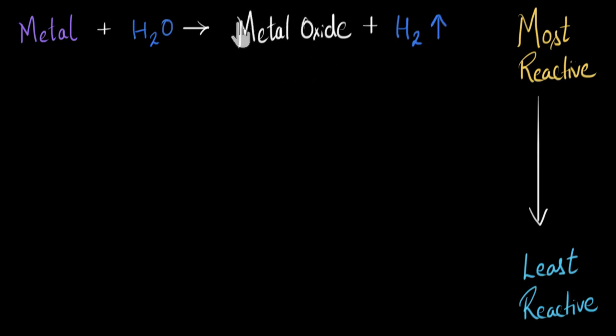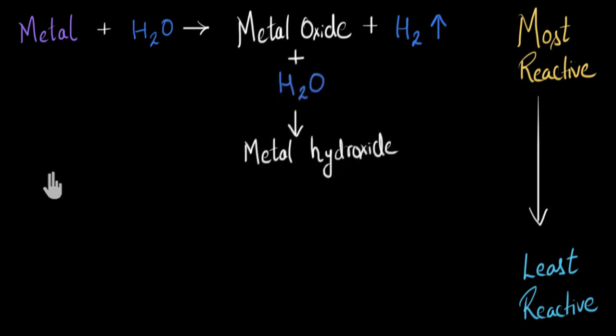This means that if the metal oxide is soluble, it will react with water to form metal hydroxide. So either our products are metal hydroxide plus hydrogen gas, or a suspension of metal oxide in water plus hydrogen gas. So okay, with this, let's look at some examples.